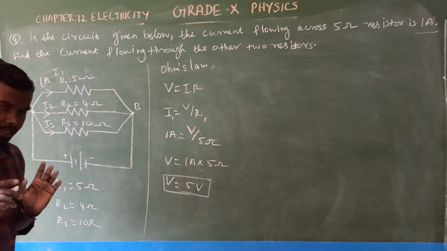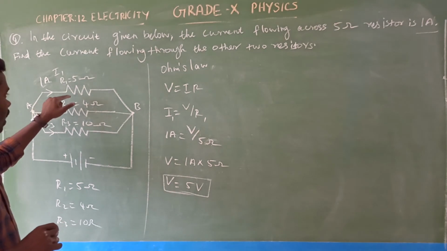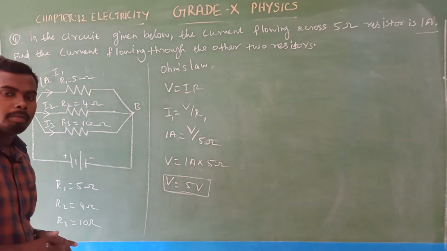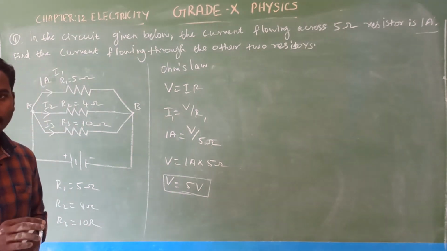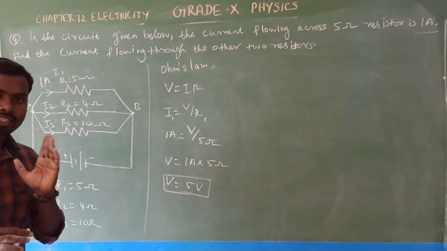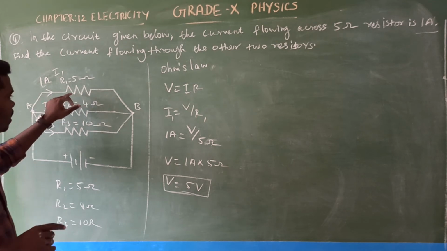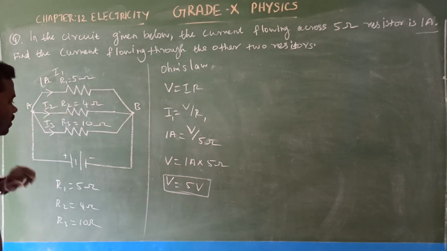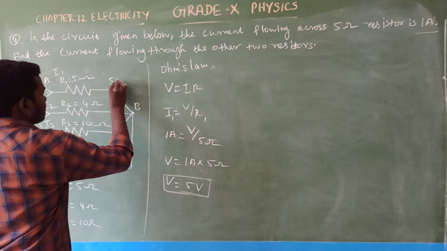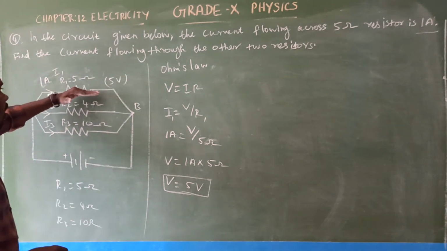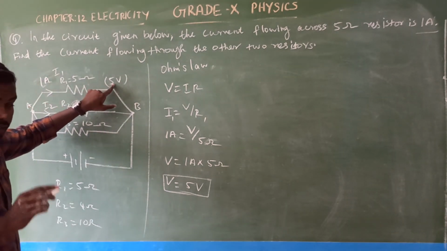So listen here. We already know in a parallel combination voltage remains the same. Across the resistor R1 the potential difference is 5 volt.